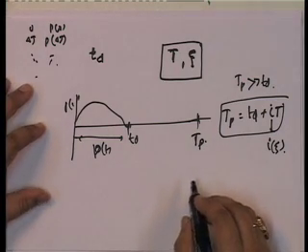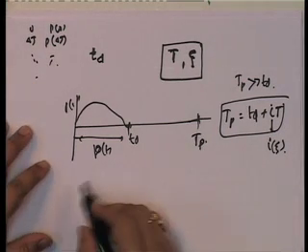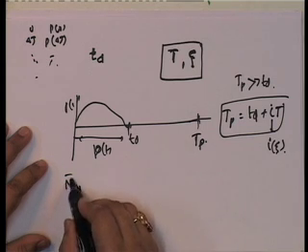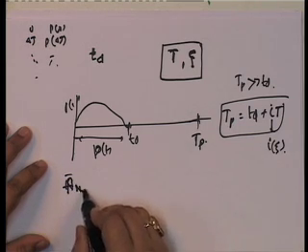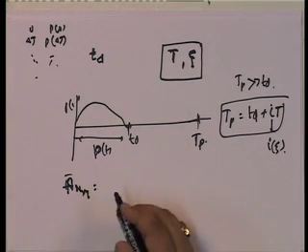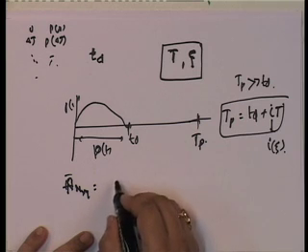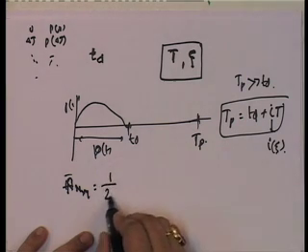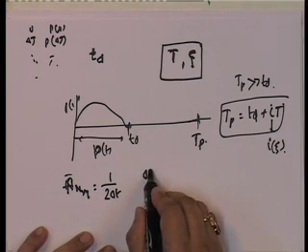I also know my Nyquist frequency. How I know my Nyquist frequency, let us not worry about it right now. We will come to that towards the end of the course. If I know my Nyquist frequency, I know my delta t.